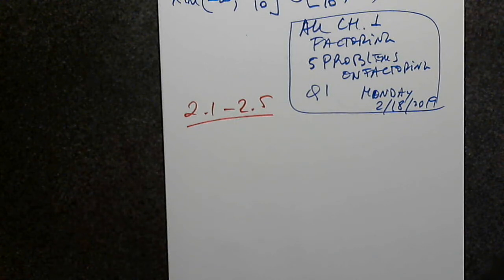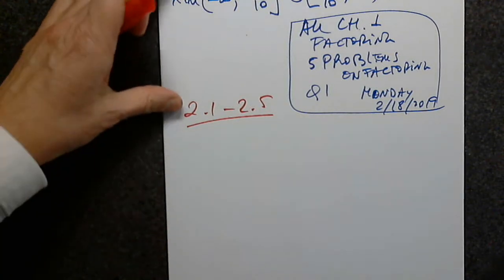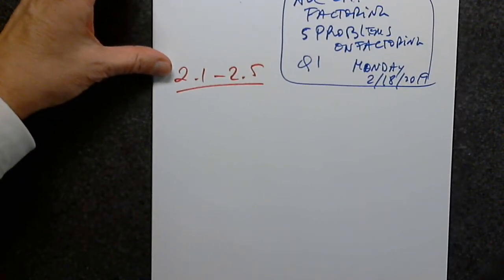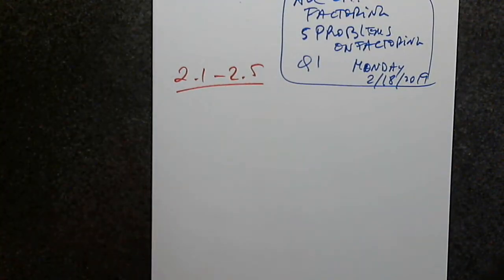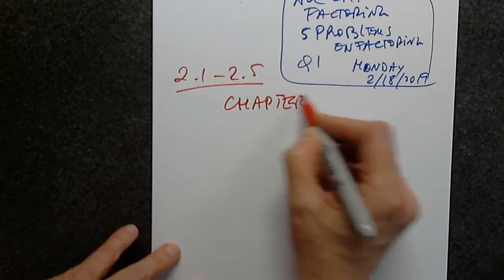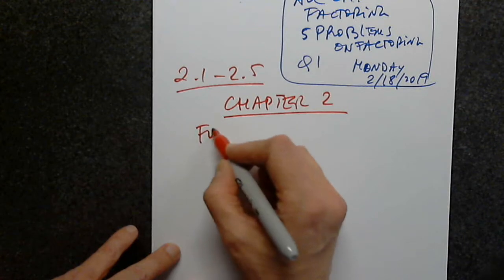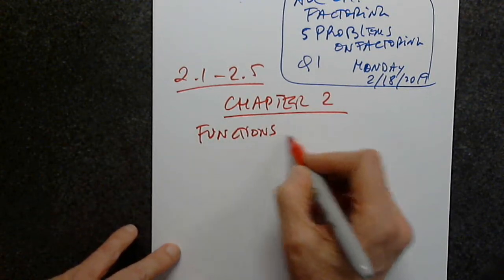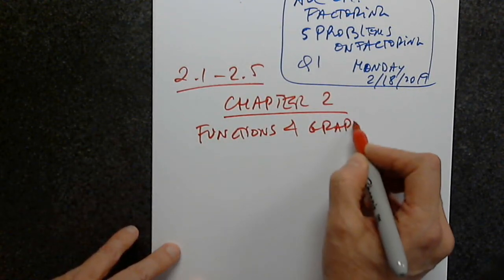Okay, so let's move on to a section. Chapter 2 deals with functions and graphs. A lot of this is going to be a review for you, but we'll go through everything. So chapter 2, functions and graphs.